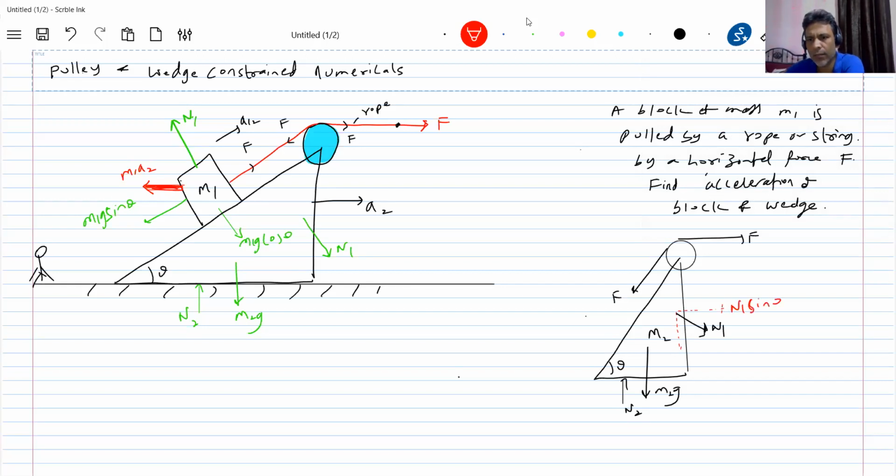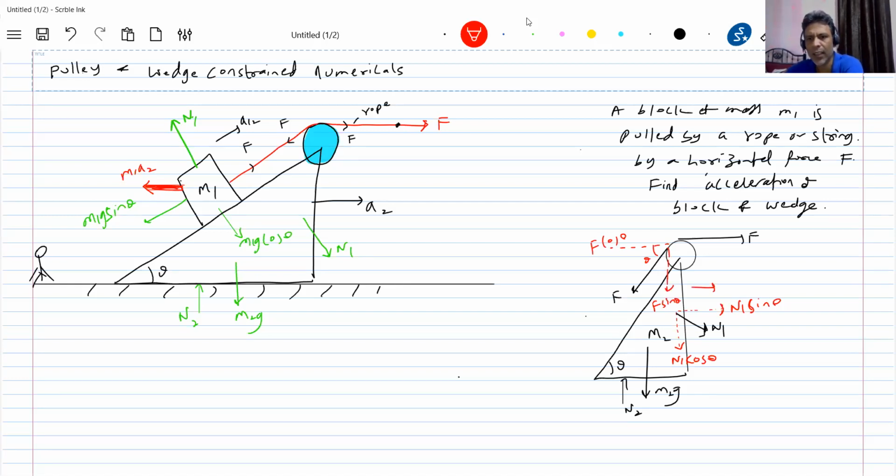N1 sine theta. And what about this? N1 cos theta. There's a pulley, no? So if I resolve this, here this will be theta. F cos theta, this will be F sine theta. I'm showing all the forces here.